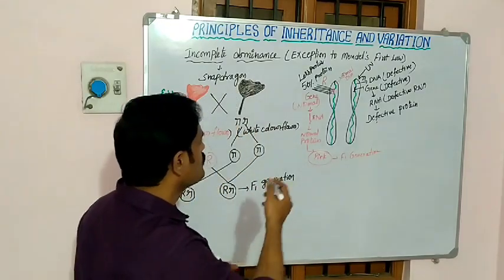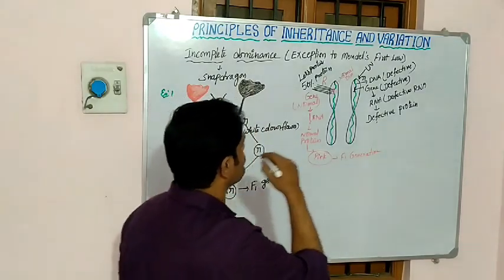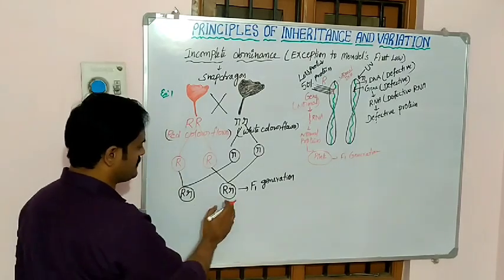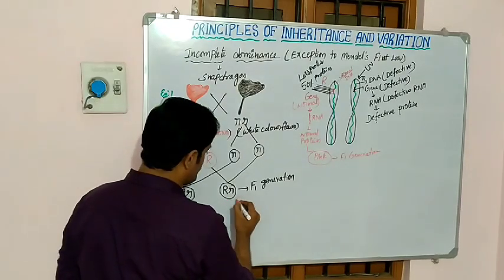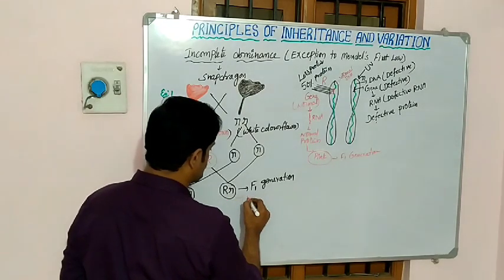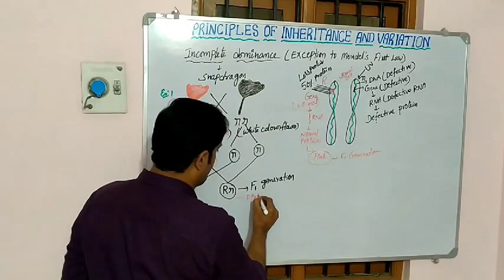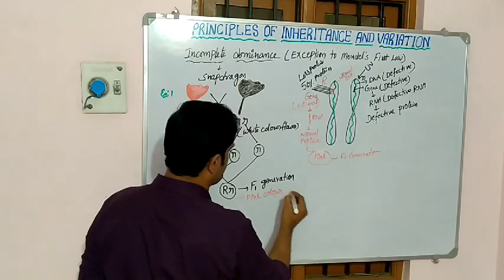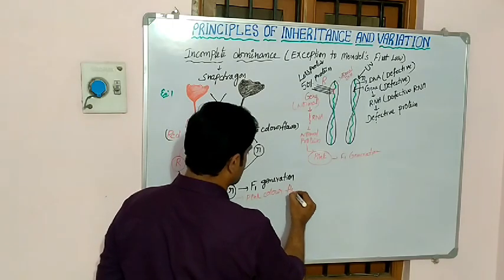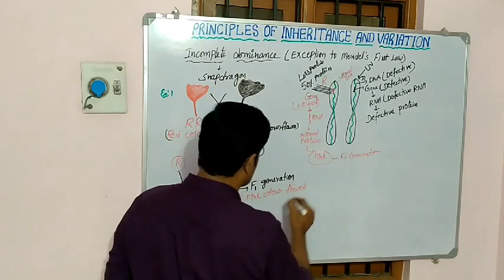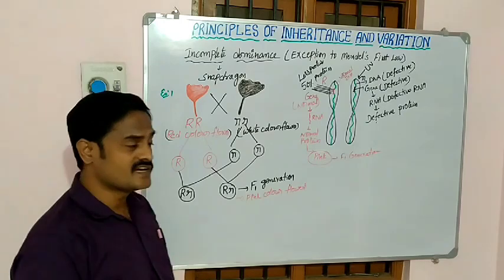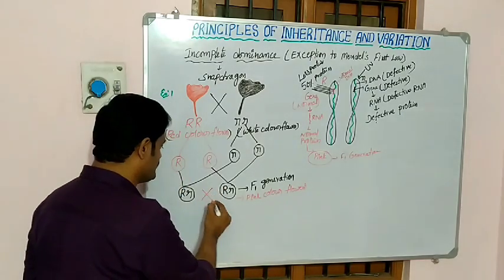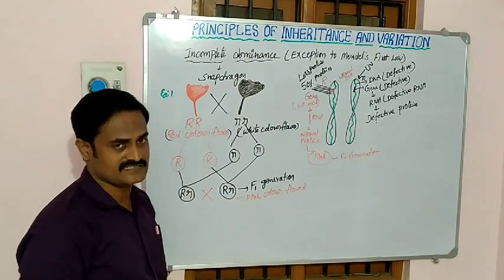So here, see, these are the F1 plants. Which kind of flowers do these plants produce? Pink color flowers. Both are pink color flowers. Then again we conduct self pollination between these two F1 plants.